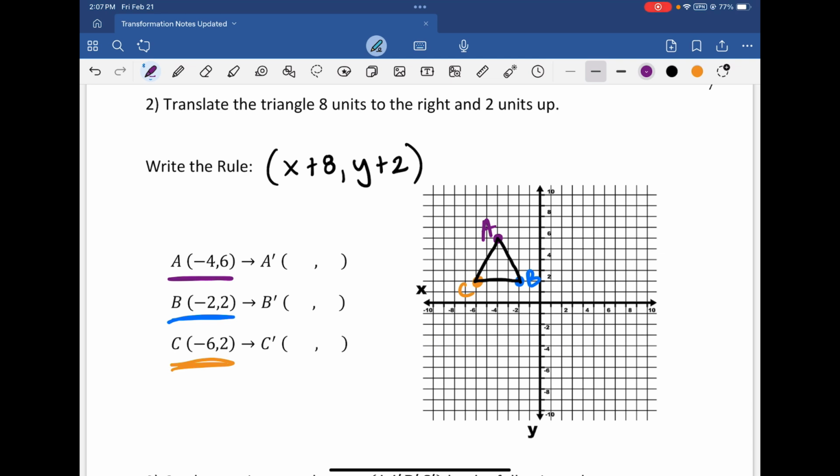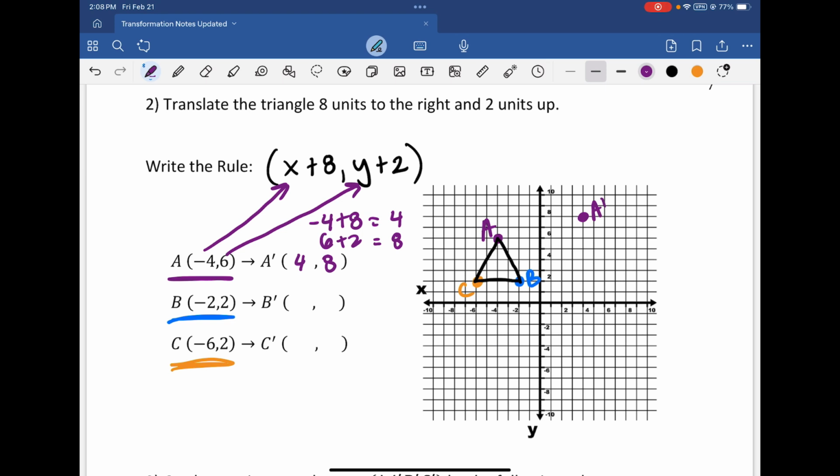Or you can plug in x and you can plug in y. So we get -4 plus 8 because I plugged it in right there. And then we get 6 plus 2, and you should get 4, 8. So 4, 8 should be your new A prime, and we can go plot that. Right 4, up 8.